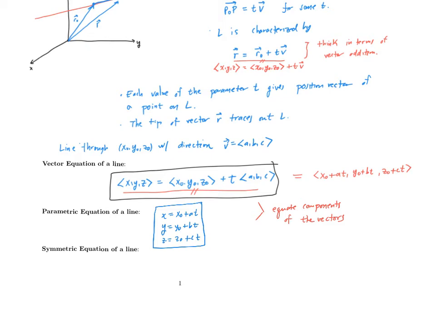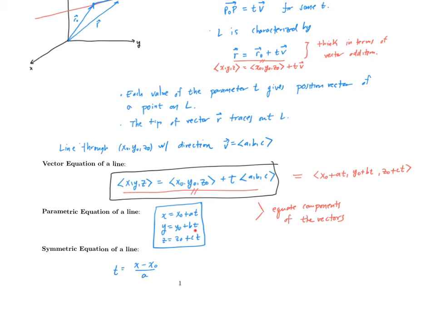And then lastly, we can write down what we would call the symmetric equations of the line. The idea is to note that this parameter t that we see in each of these separate parametric equations is representing the same quantity. That is, whenever we substitute in the value t into one, we'd substitute the same thing into the others. So if I was to solve for t in the first equation, I would have to subtract x naught and divide by a.